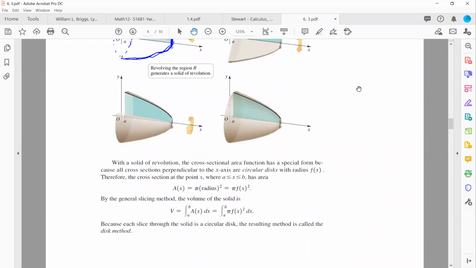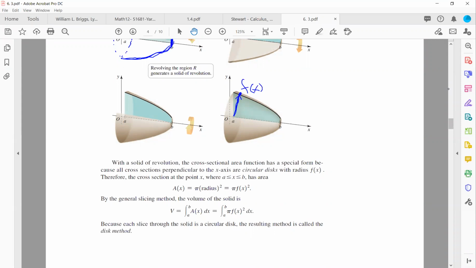It turns out the area of a vertical slice or cross-section is pi r squared. But what is r? R lands on function f of x.